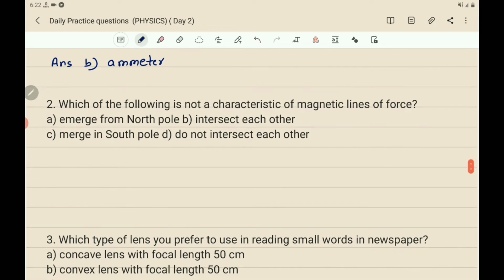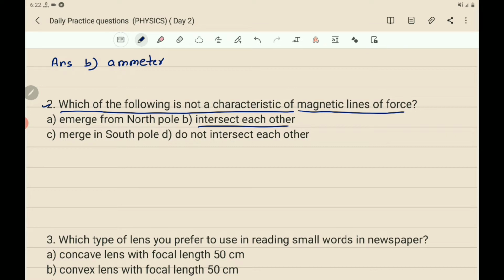Next, let us take the second question. Which of the following is not a characteristic of magnetic lines of force? The first option A is emerge from the North Pole. That is the characteristic of magnetic lines of force, and intersect each other.